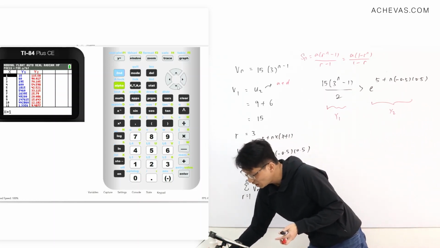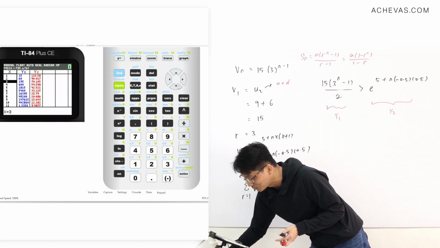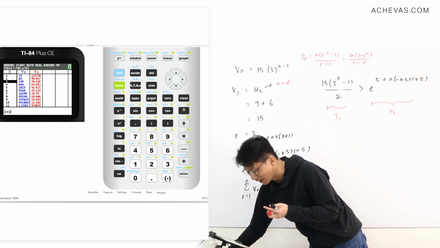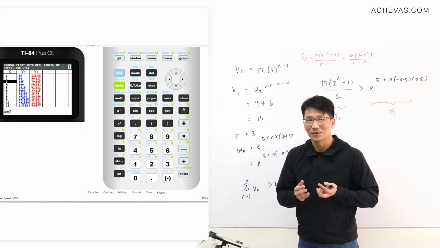From here I can immediately see our answer is just 3. Can you see that in this table, this is the first time that y1 exceeds the value of y2, 195 against 70.105? So our answer is just n equal to 3.